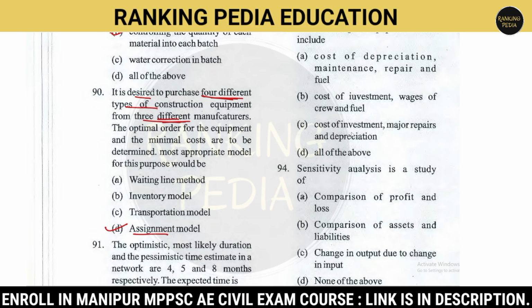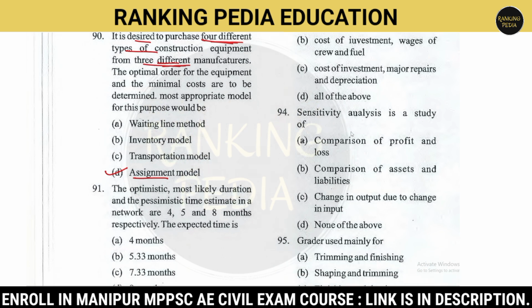A special case of the transportation model used to assign n tasks to m resources on a one-to-one basis is assignment. As we can see, 4 different types of equipment and 3 available resources, that is 3 different manufacturers. Option D is correct, which is the assignment model.